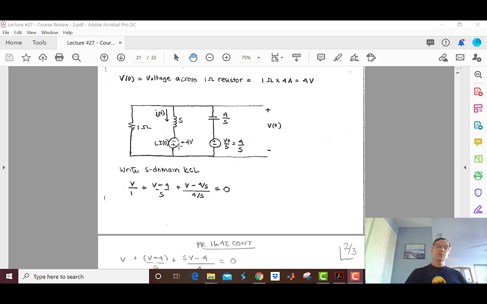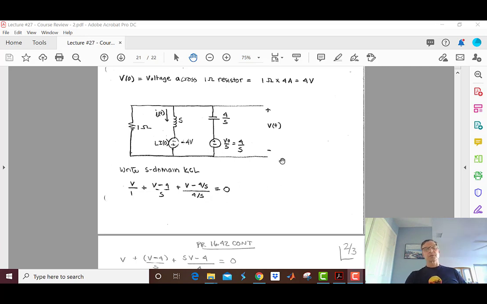If this was plus to minus 4, it would just be V minus 4, but what it really is, there's a -4 here, and the polarity is turned around. So don't let this mess you up. You can tell it messed me up about 20 seconds ago, but it's not messing me up anymore. So here's my second constituent of my KCL equation. My third constituent is going to be V minus 4 over S divided by 4 over S equals 0.